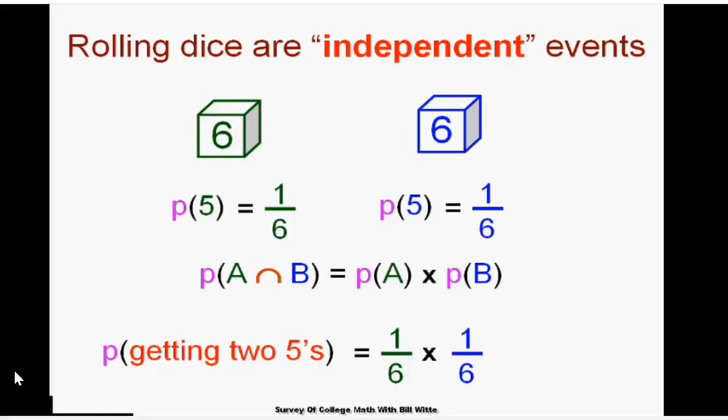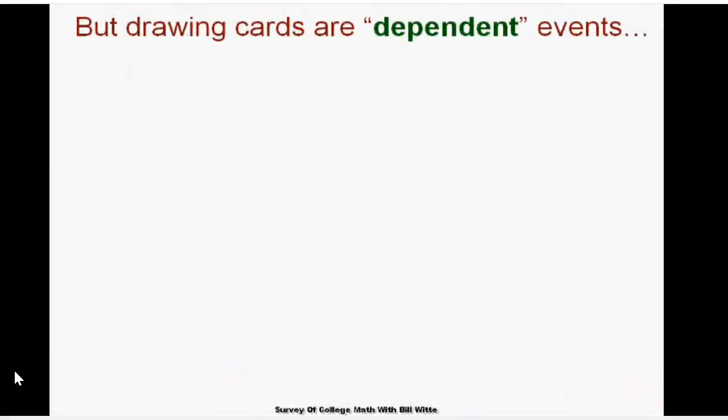And it'll only work if they're independent. It's going to be 1 out of 36. You already knew that. The chance of getting 2 5s is 1 out of 36. But drawing cards, of course, if you don't replace them, are dependent events.